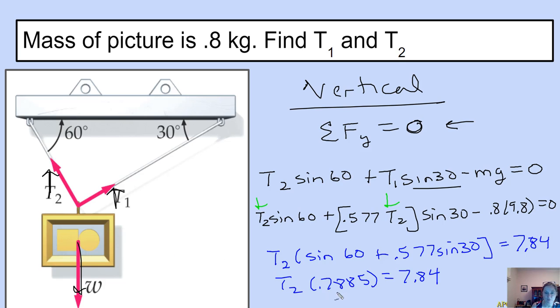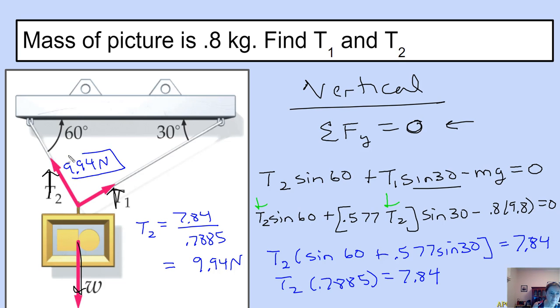Divide both sides by 0.7885 and you get T2 equals 9.94 newtons. Again, that does not have a sign to it, because it's just the magnitude of the vector, which does not have a negative sign.